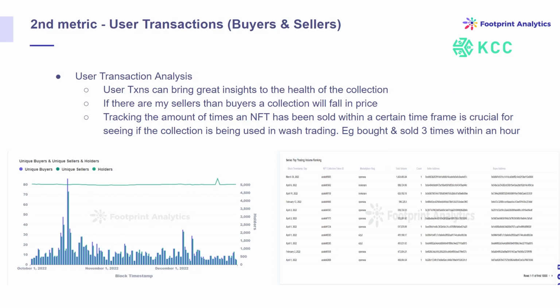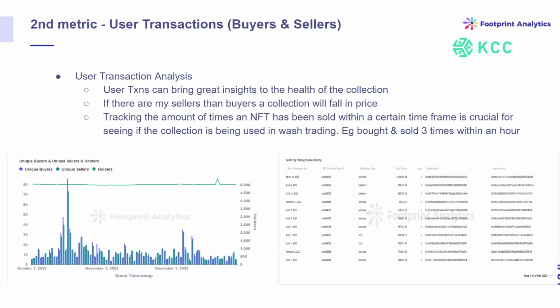So the next metric I want to talk about is user transactions, aka buyers and sellers, right? User transactions can bring great insights into the health of a collection. If the wallets in the collection that are holding it have on average one transaction, that's pretty healthy, right? If you're doing one transaction on average for a protocol, it's pretty good.